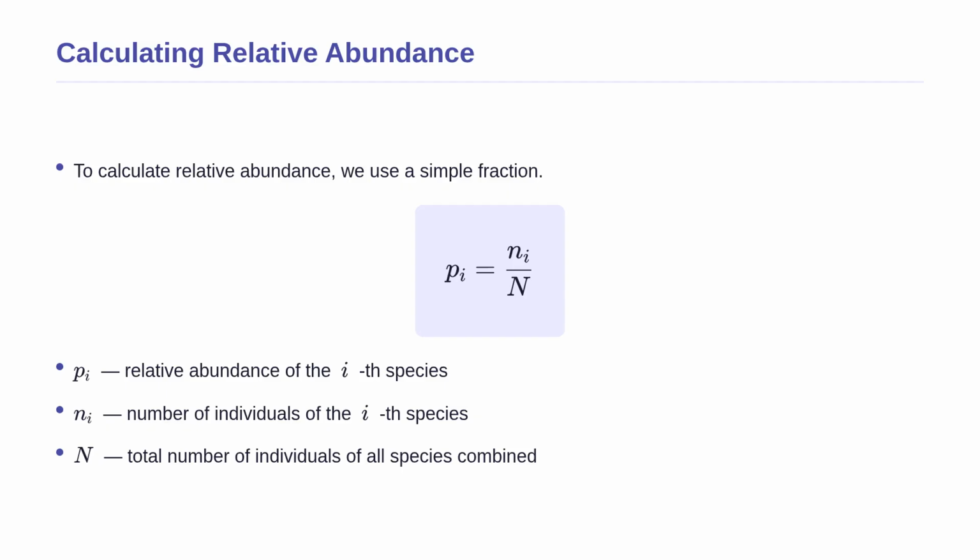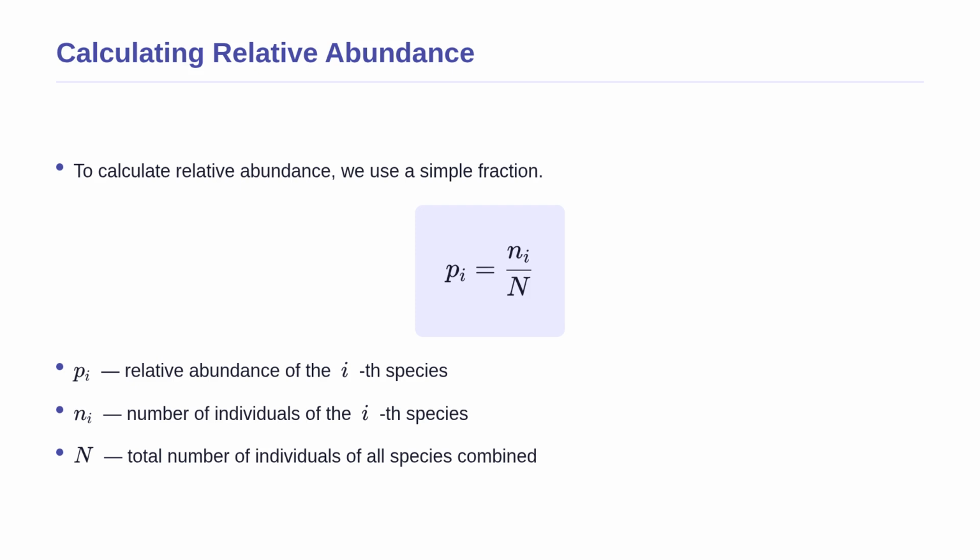To make these concepts useful in the real world, ecologists need to translate them into numbers. The very first step in analyzing any community is to calculate the relative abundance of each species. This formula shows us exactly how to do that. The symbol P sub i represents the relative abundance, or proportion, of a specific species.